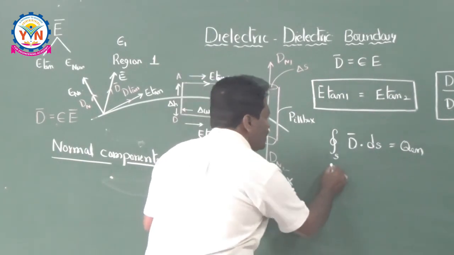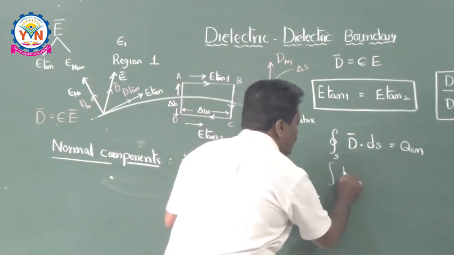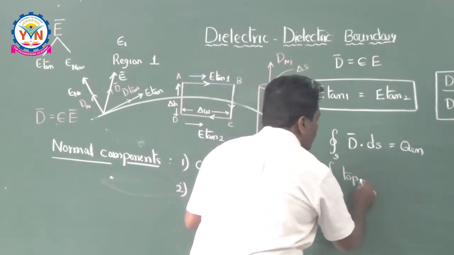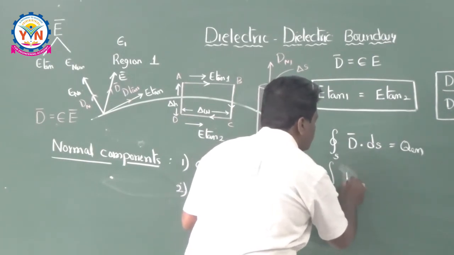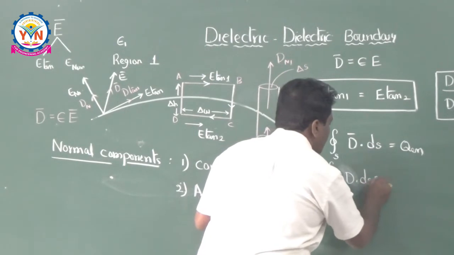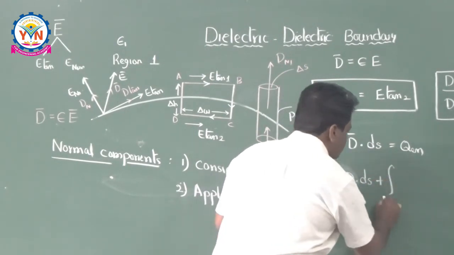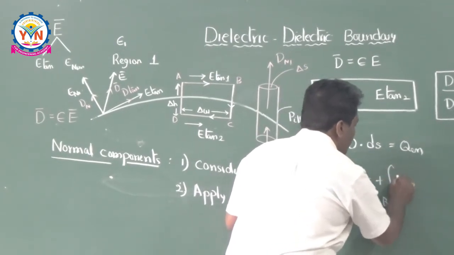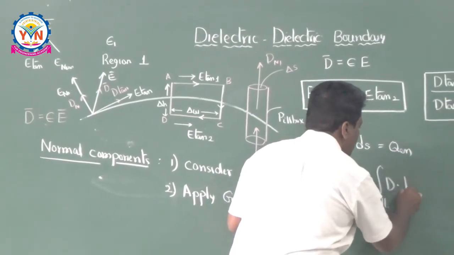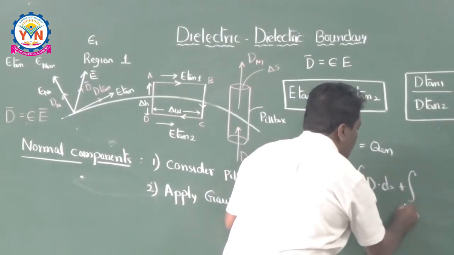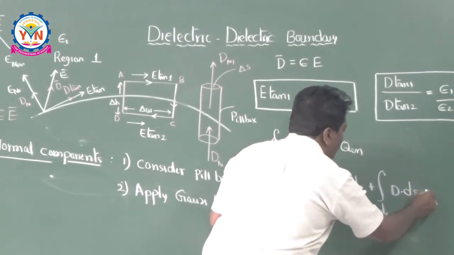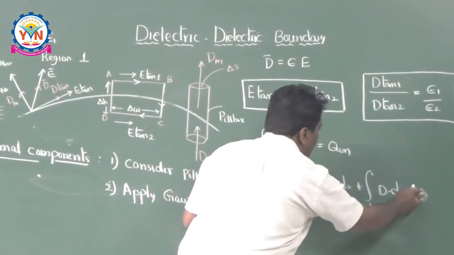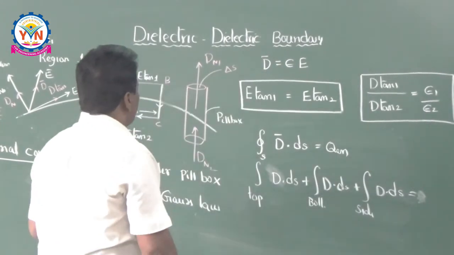Closed surface means integral top D dot dS, plus integral bottom D dot dS, plus integral sides D dot dS, is equal to the charge enclosed. What is the charge enclosed?